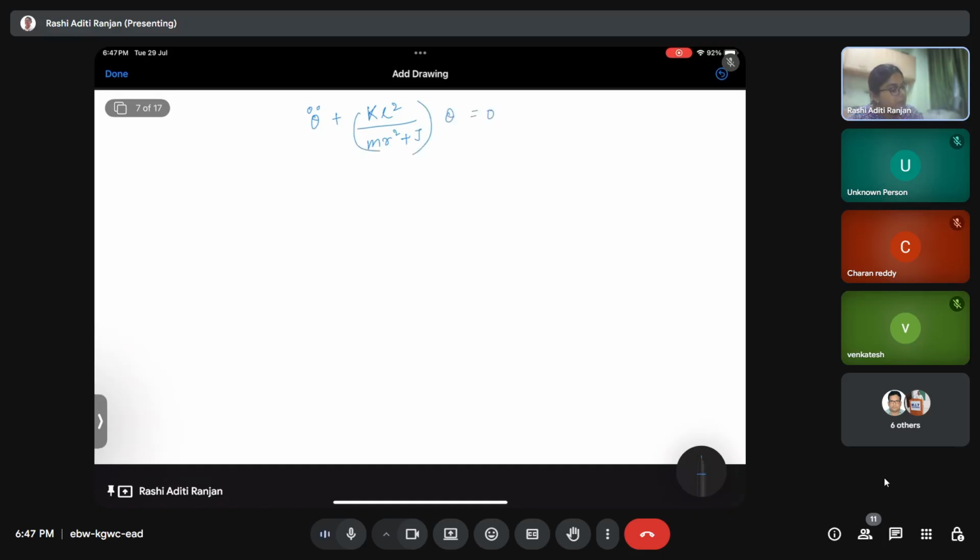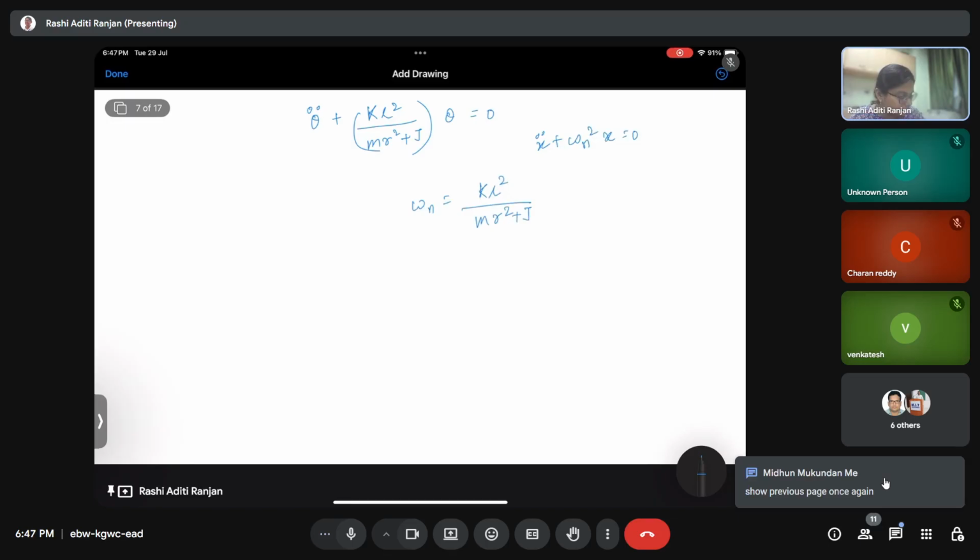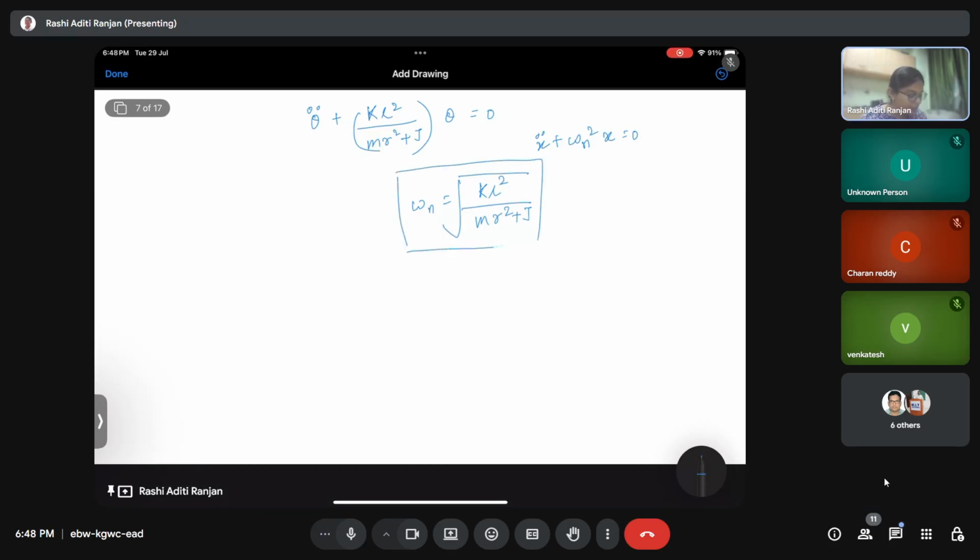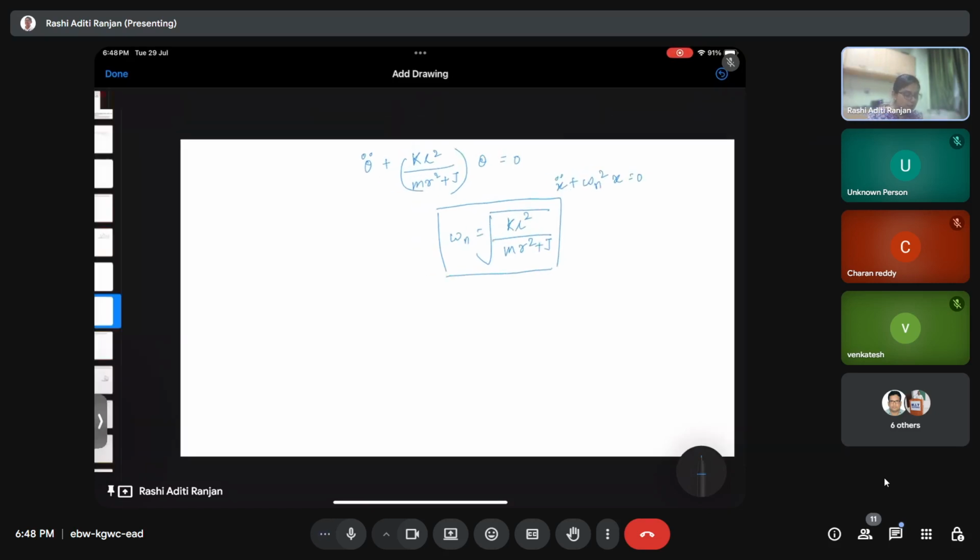And if we relate it with x double dot plus omega n square x equals 0, we get omega n as k r square divided by m r square plus J.